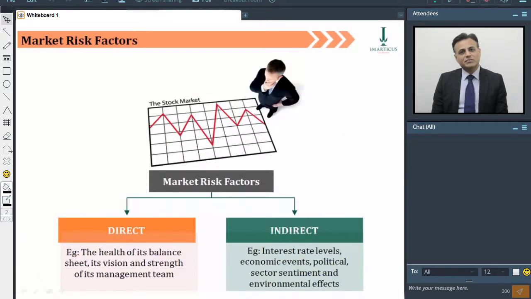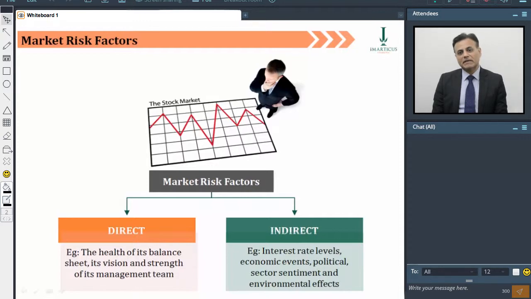Not just the change in price, but there are other factors as well which result into a market risk. We can probably categorize as a direct risk or an indirect risk. The direct risk is due to factors like the change in business or the balance sheet or capital, resulting into the value of that particular underlying changing.